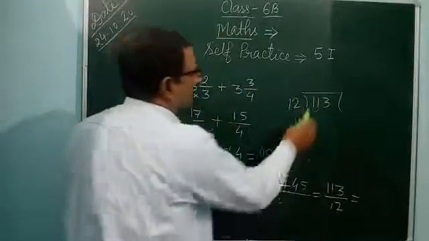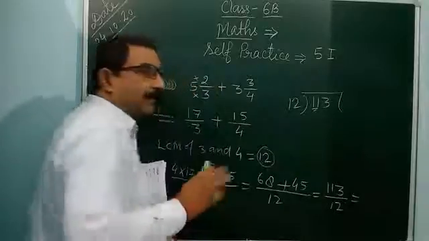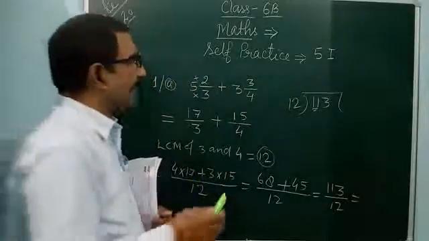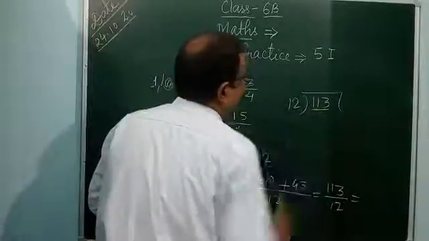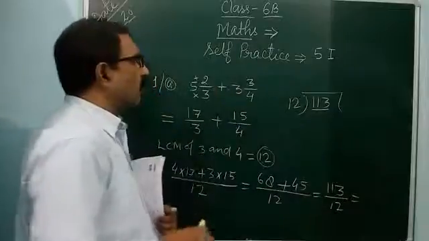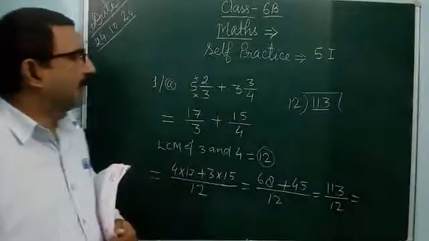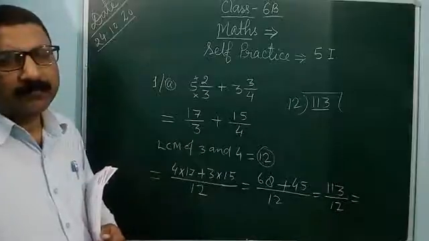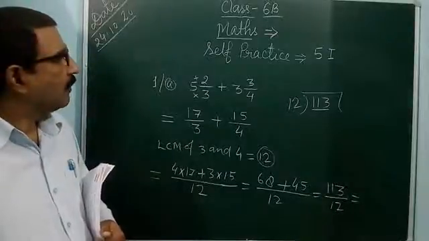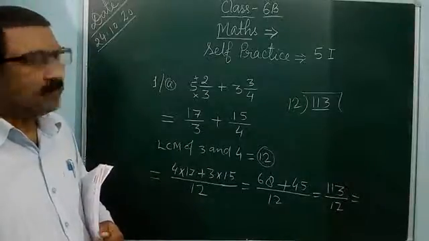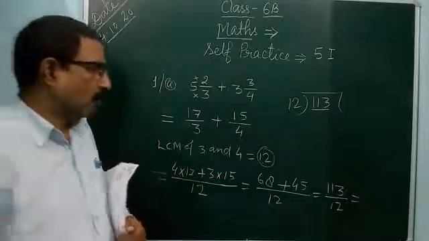You take 2 digits, so it is 11 only, less than 12. So you can take 3 digits altogether, 113. So 12 nines are 108, and 12 tens are 120. So 9 times it goes.